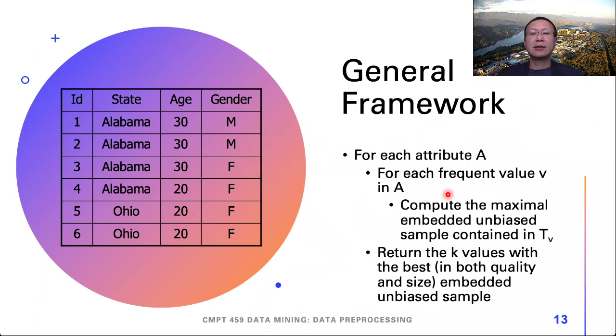Then this subset serves as the maximum embedded unbiased sample. And if this maximum embedded unbiased sample is large, that means this value V may have a large likelihood of being the disguise. So we return the K values with the best quality and size of the embedded unbiased sample.